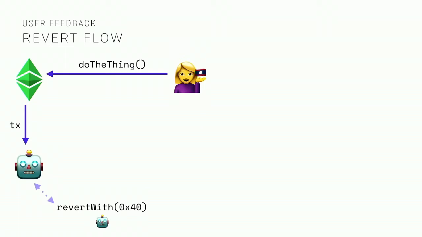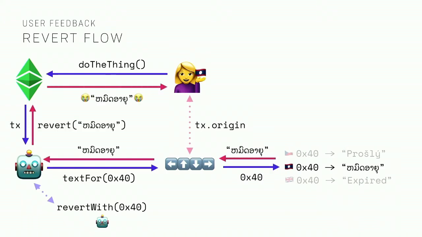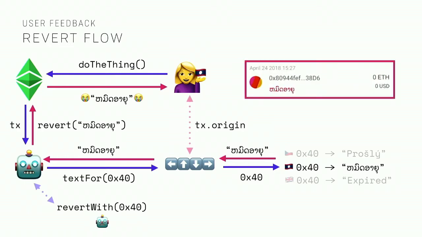So we have helper functions for revert with this code, which goes and grabs the text for that, looks up the translation that the user has set, sends it back, and includes it as if it was a hard-coded string, but hard-coded in the user's language. Which works with how revert messages are shown today.